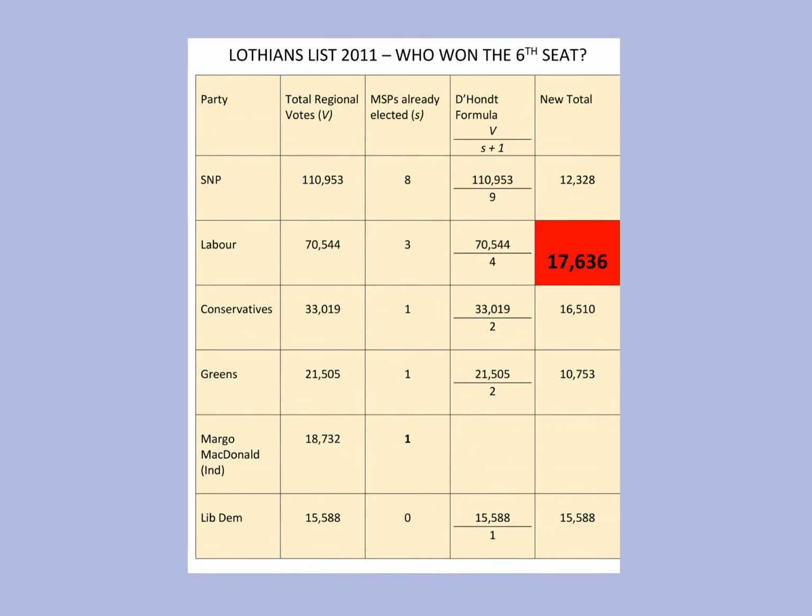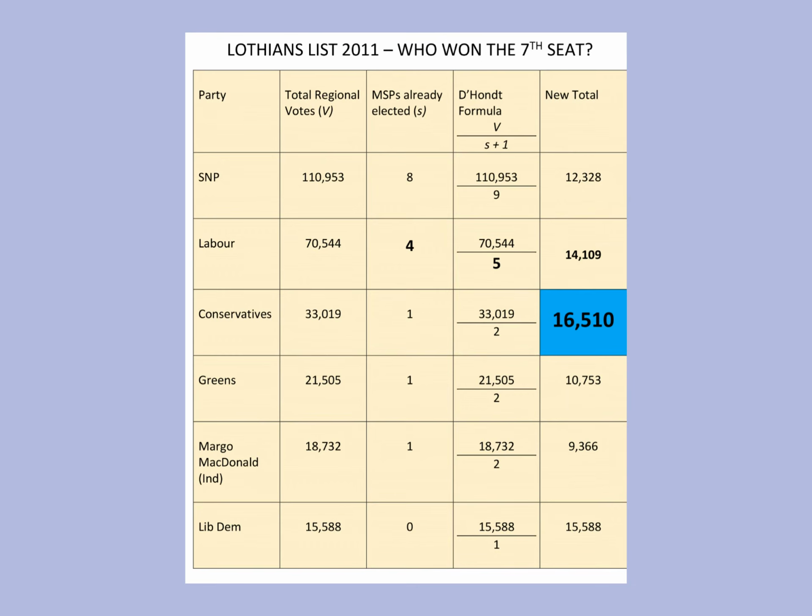Seat number 6 goes to Labour, who now have 3 regional MSPs, as well as that one constituency MSP, 4. So we go back and divide their total vote by 5, because we're adding 1. That's how D'Hondt works. That brings us to the final list seat, number 7, which goes to the Conservatives, as their new total, after dividing by 2, is still higher than anyone else.